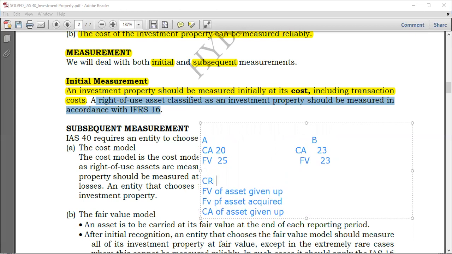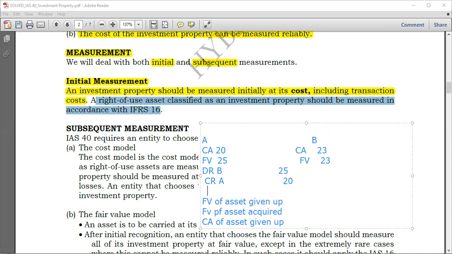So I would have to remove my asset A at its carrying amount, that is 20. And then I would have to recognize the new asset, asset B. I would have to debit asset B at the fair value of the asset given up, which is 25. If you do 25 here, you find out that to balance this, I'd have to add a credit balance of 5, so that we balance.